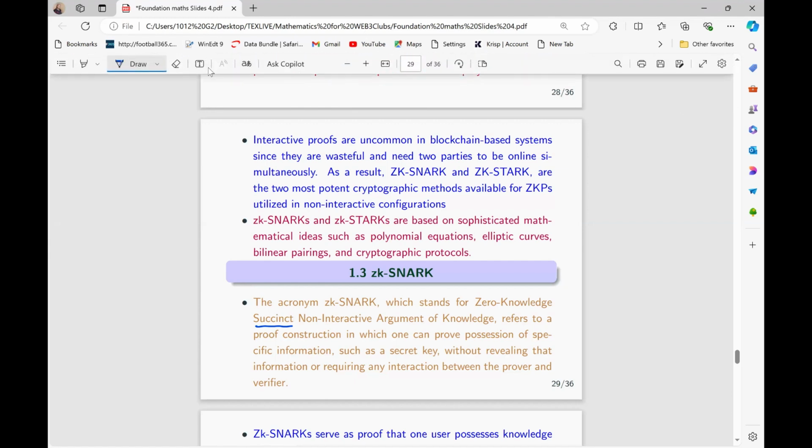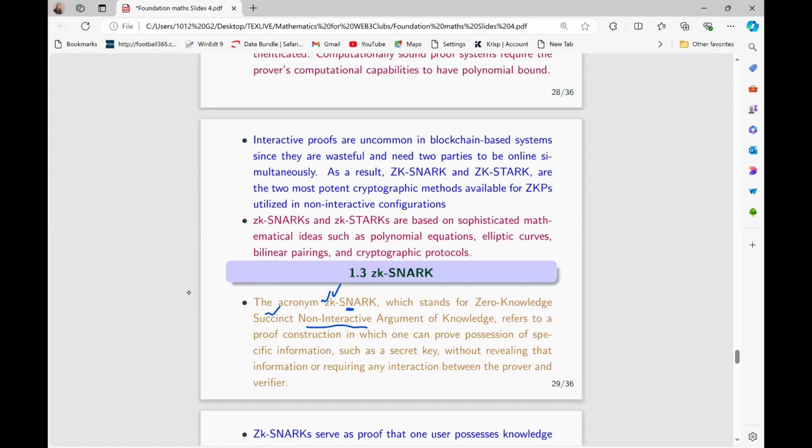So that is what it means, but we shall look at that again. So the ZK-SNARK is an abbreviation that stands for Zero Knowledge, Succinct, Non-Interactive, and then the AR, the A is the argument, this AR stands for argument of knowledge.